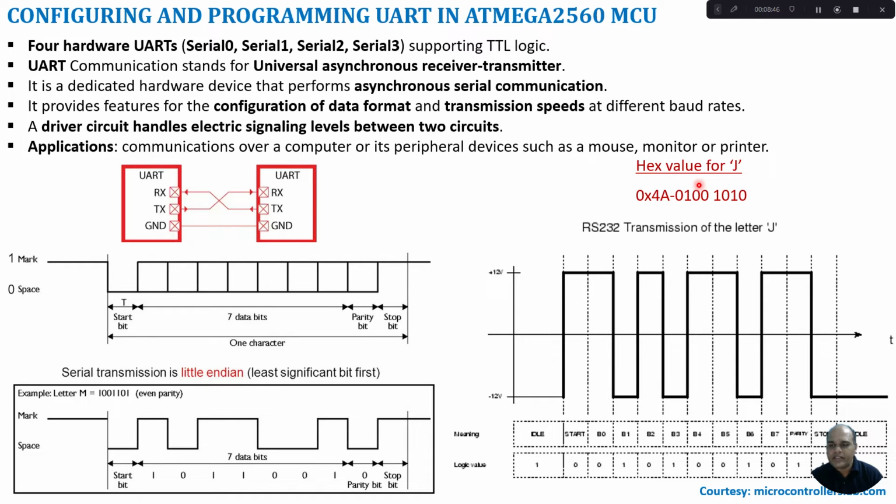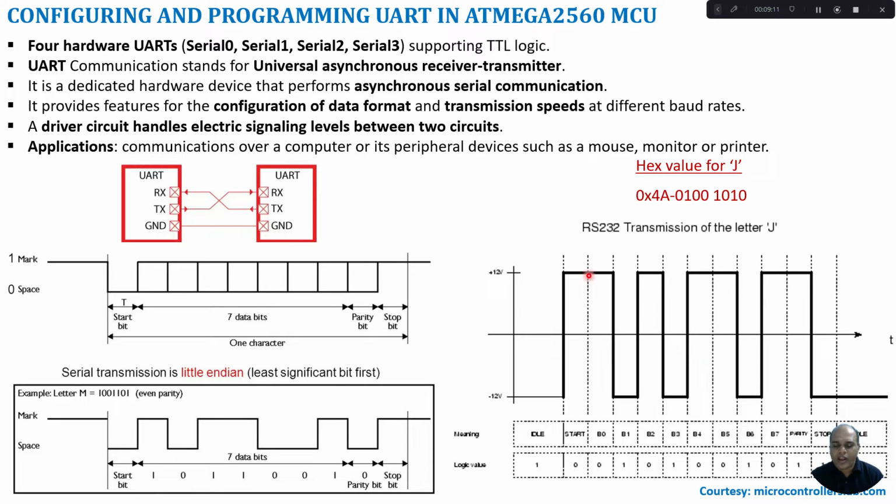Odd parity is indicated by logic 1, and logic 1 here means plus 12 volt. Then finally your stop bit, which is a transition from plus 12 volt to minus 12 volt. So this is the signaling format on the computer side.